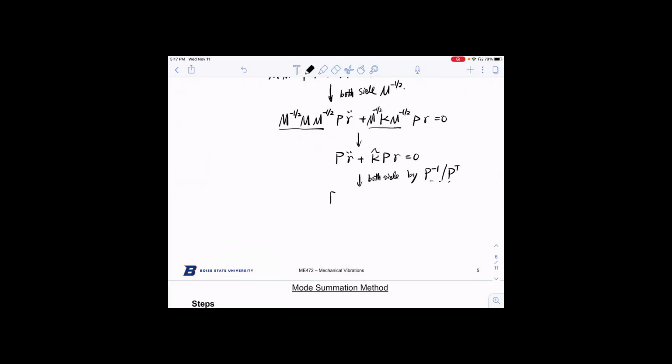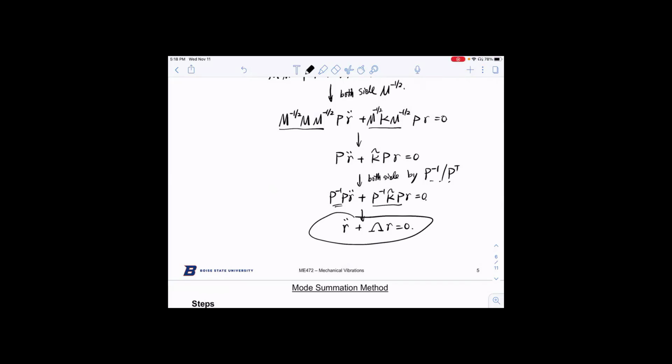So then you have P invert P lambda R double dot plus P invert K tilde P R equal to 0. So the first one becomes identity. The second one, that's just the method we use for matrix diagonalization, right? Equal to 0. So that's your equation in R domain.